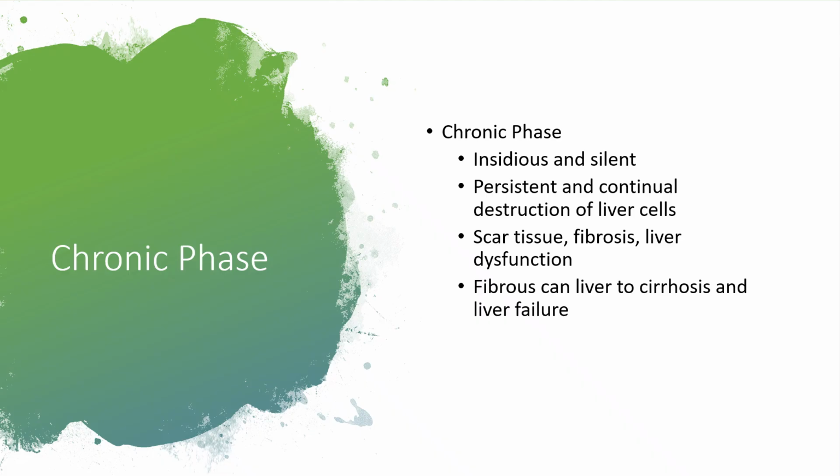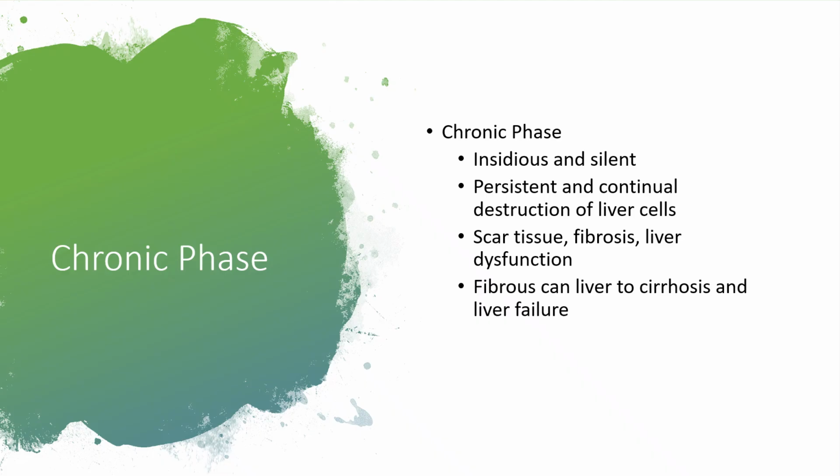In the chronic phase, liver damage happens slowly over time. It can be silent at first, meaning a person may not notice any symptoms until the damage becomes severe. The liver cells continue to be destroyed little by little. As the body tries to heal this ongoing injury, scar tissue forms.